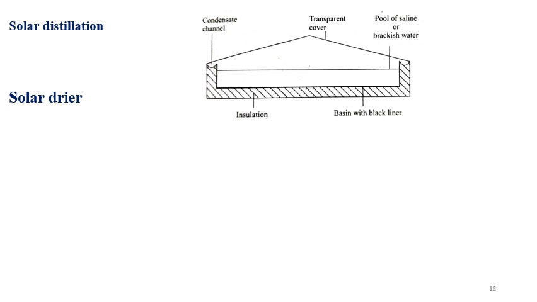The transparent roof material transmits nearly all radiation falling on it and absorbs very little. Hence, it remains cool enough to condense the water vapor. The condensed water runs down the sloping roof and is collected in troughs at the bottom.